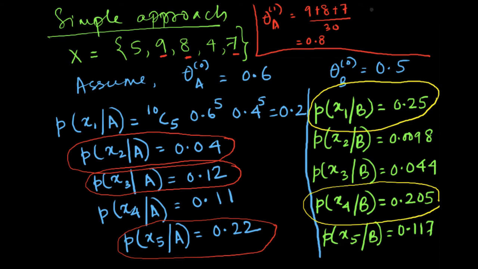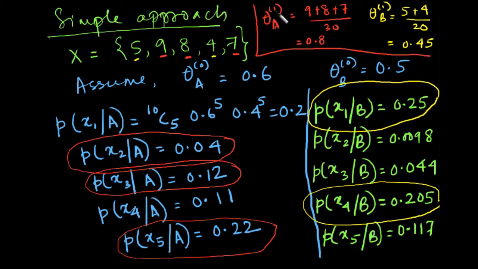Similarly, you have theta B in the first iteration, which comes from x1 and x4. So that is equal to 5 plus 4 divided by 20, which is equal to 0.45. So this is the algorithm.